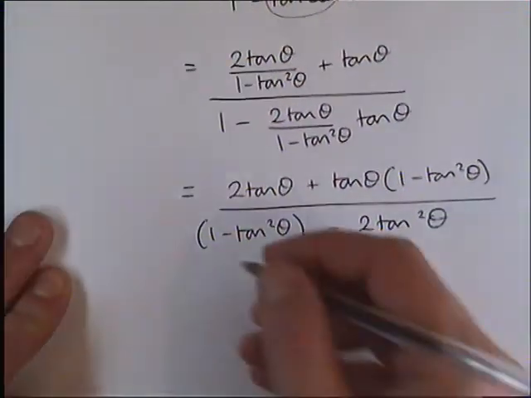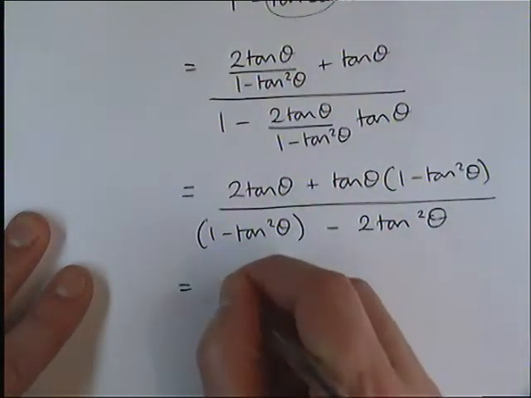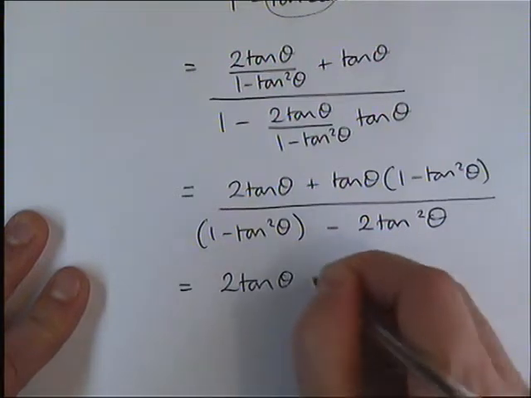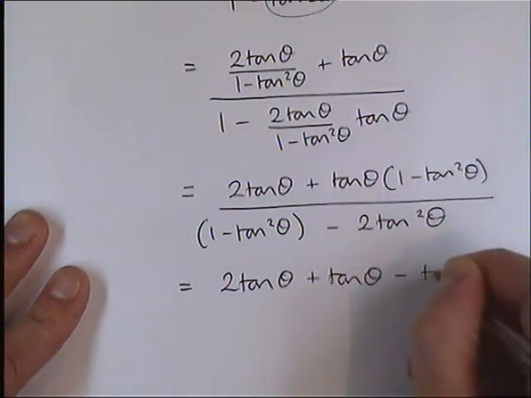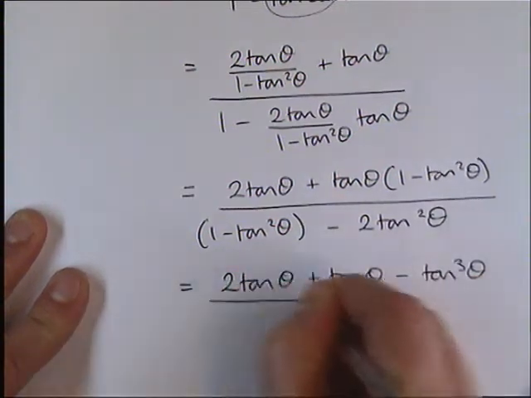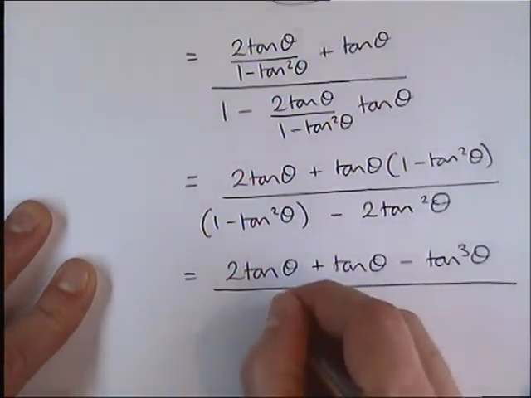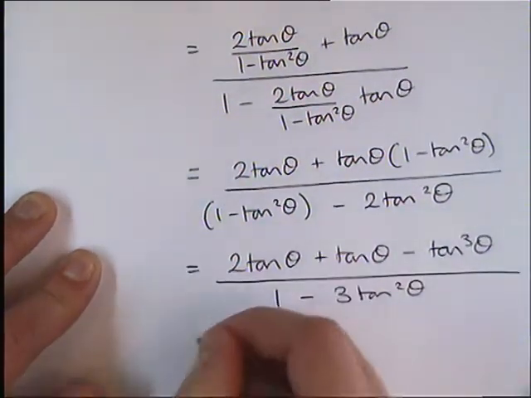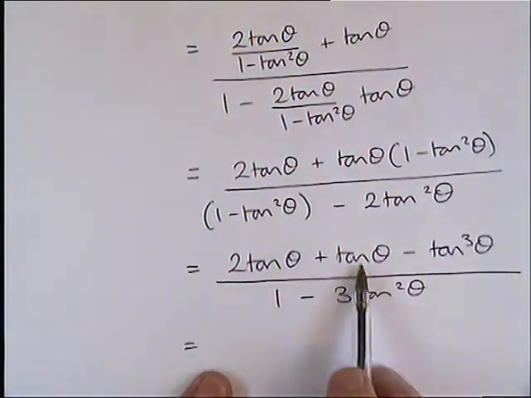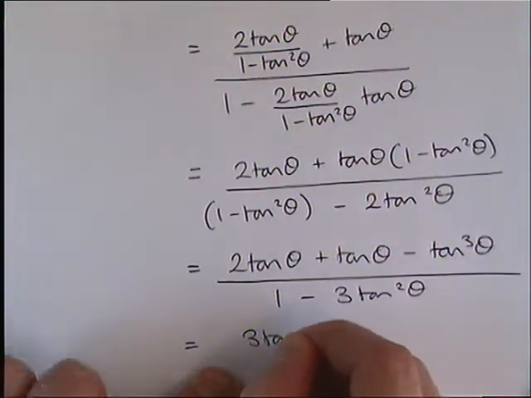And pretty soon, as we multiply out what we've got here, you will hopefully see that we get the result required. So the 2 tan theta plus tan theta is 3 tan theta.